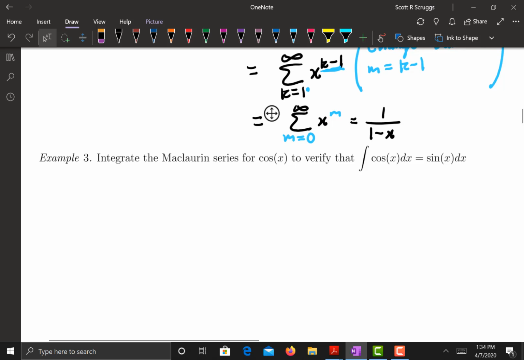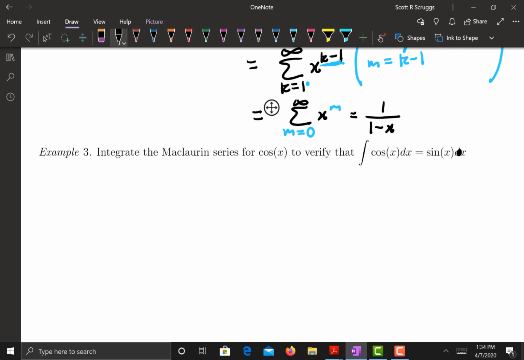And now let's do this guy. We're going to verify, that's a typo, that we're going to integrate this Maclaurin series to verify that the antiderivative for cosine better be sine. Since that is a power series, we're going to integrate the Maclaurin series of cosine of x dx.